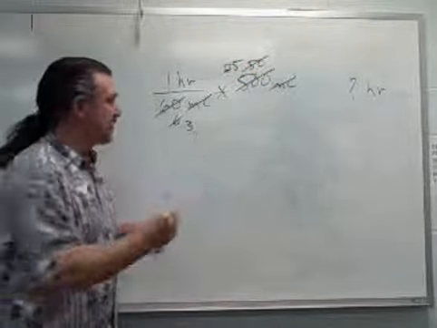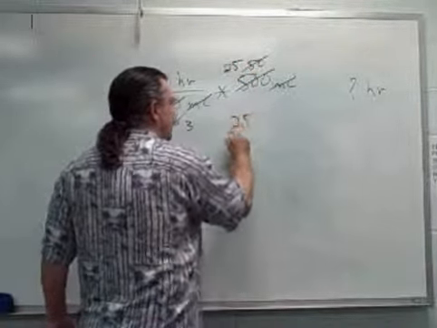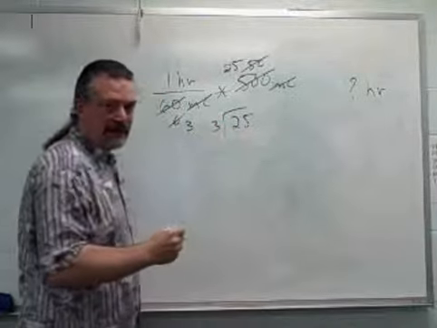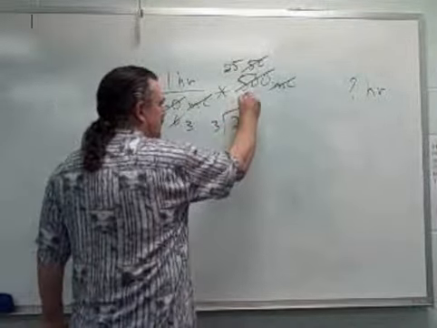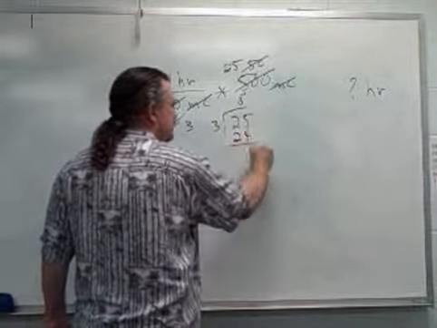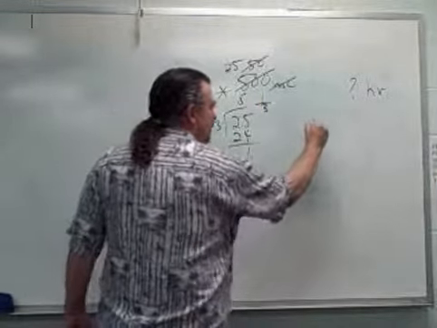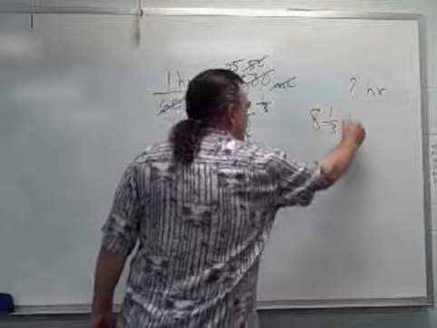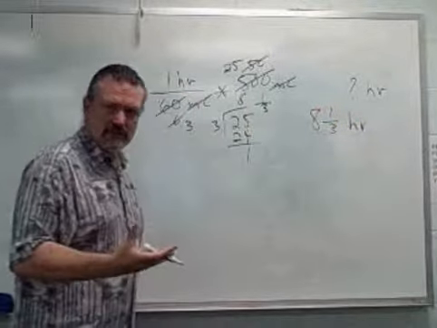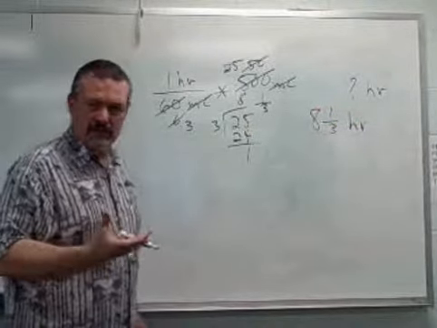So the arithmetic really comes down to taking 25 and dividing it by 3. And 3 times 8 is 24, with 1/3 of an hour. So it's going to take 8 and 1/3 hours for that infusion to finish.